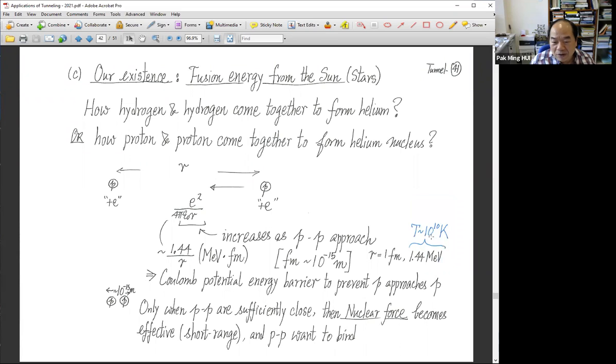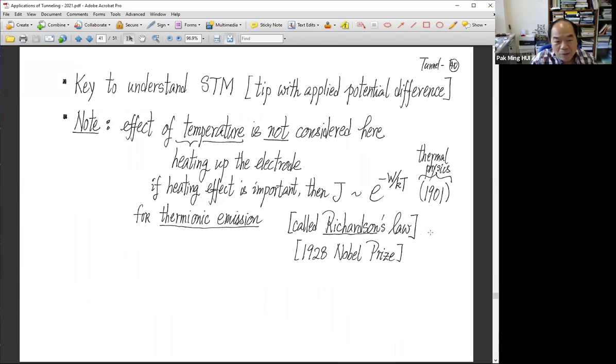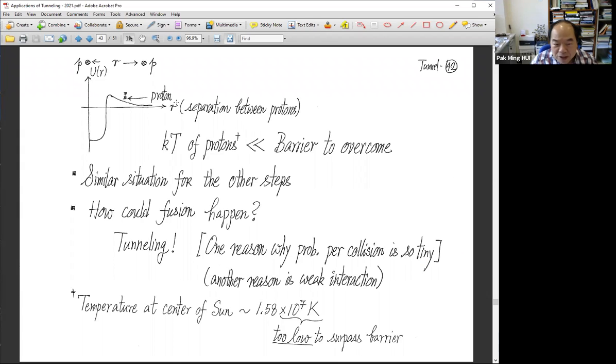So it's more than thermal. The sun is not hot enough to use thermal energy to force fusion. So what happened? Again, we have this situation. If we can force them into close enough femtometer range, they will be trapped. But farther from that, there is a Coulomb barrier to conquer.